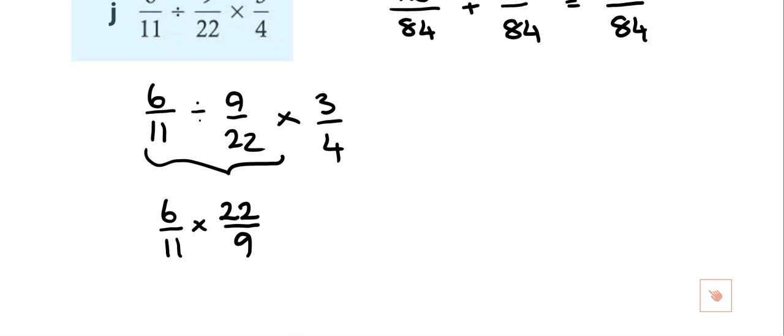What's interesting now is we could do this bit first, but if I just bring that back in, can't I now just do all like the first question? Yes, I can, because it's now just all multiplication.